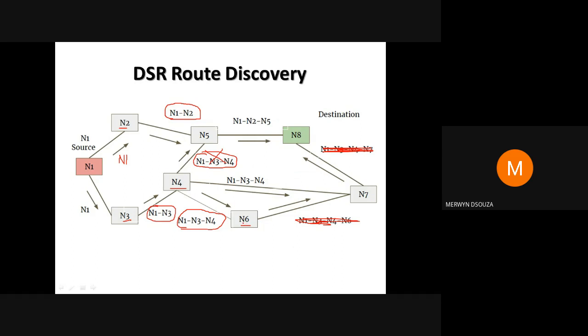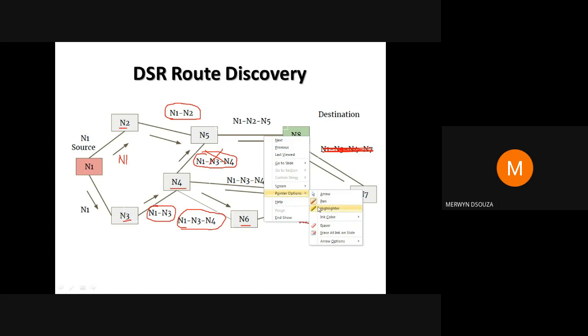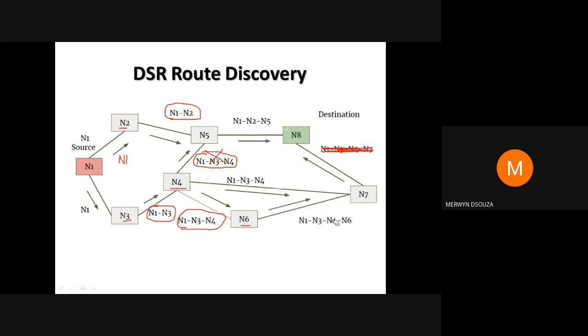Till the packets reach node N8, each node keeps forwarding the packet. It adds its name to the packet that it receives and forwards it to all its neighbors. Since N6 has only one neighbor, it will forward this packet, and it will become N1-N3-N4-N6.